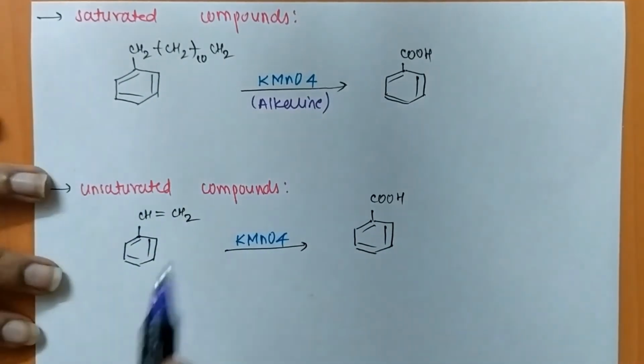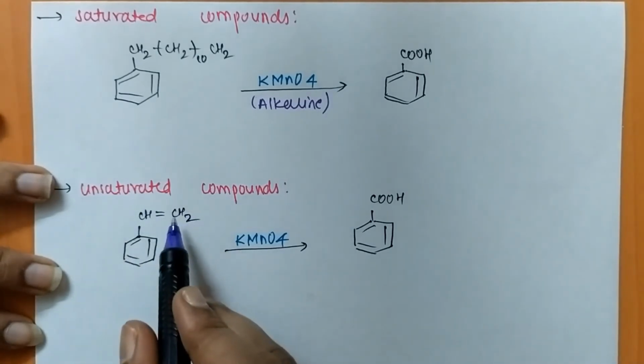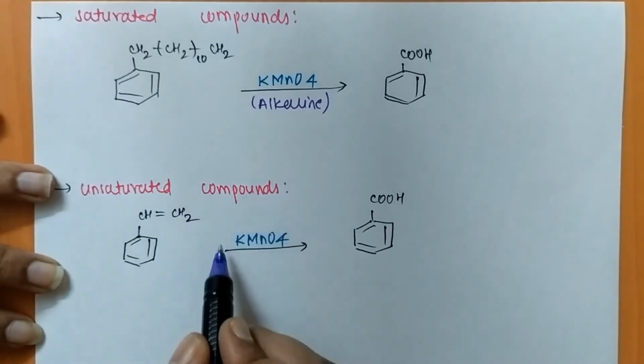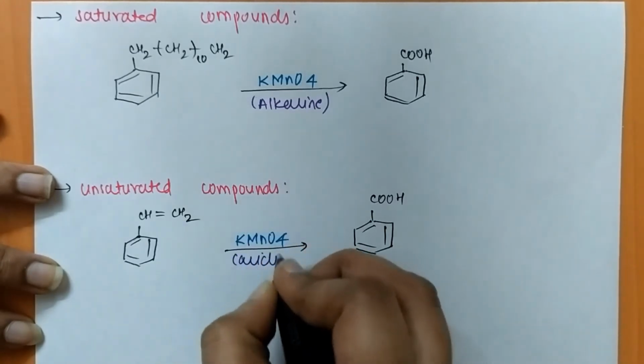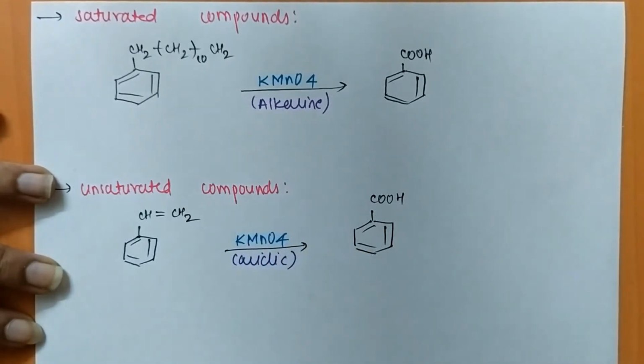But if you see unsaturated compounds such as styrene, it reacts with the same reagent KMnO4, but here we require acidic conditions. So acidic conditions are required for the reaction of the unsaturated compounds with KMnO4 to give benzoic acid, and the alkaline condition is required for KMnO4 to react with the saturated compounds to give a carboxylic acid.